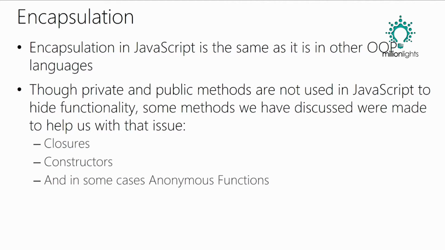But some of the methods that we have discussed already will help you with creating private and public methods. You could use closures for that. You can use constructors. And in some cases, you can use anonymous functions to help with your encapsulation and what you want to keep away from the code as a whole and what you don't.